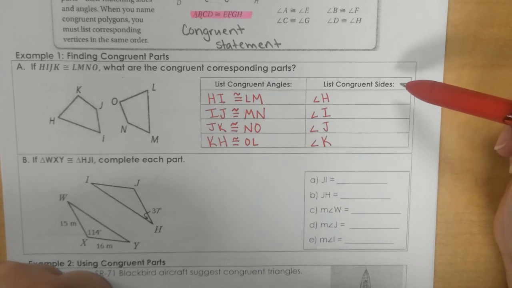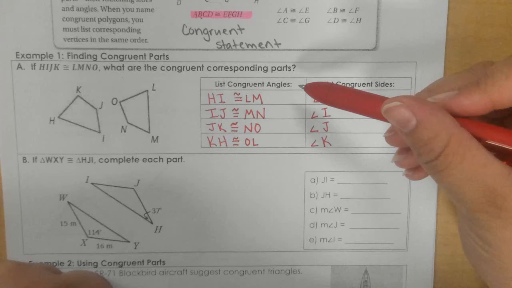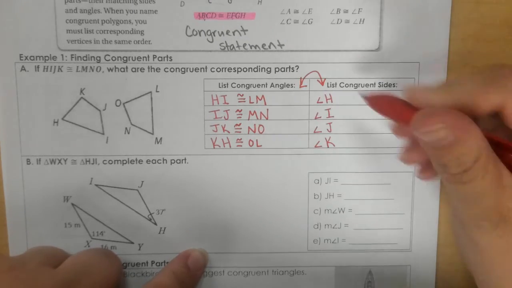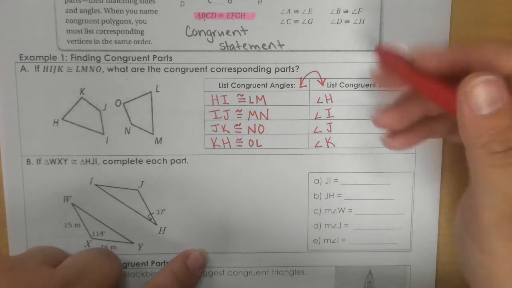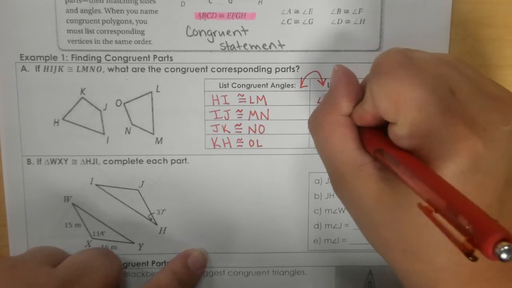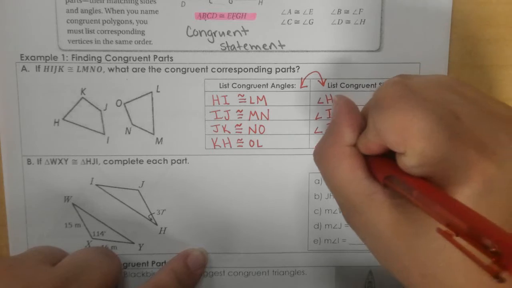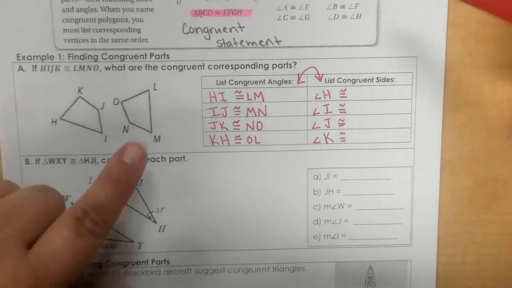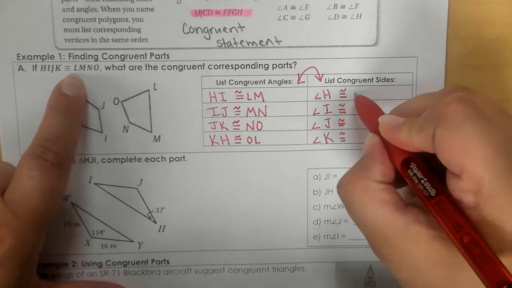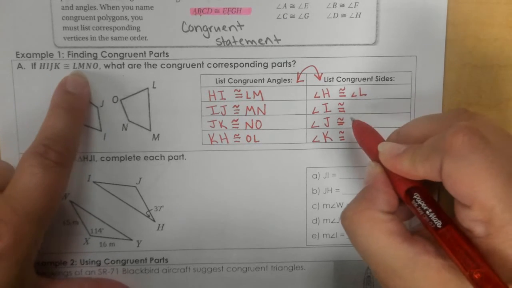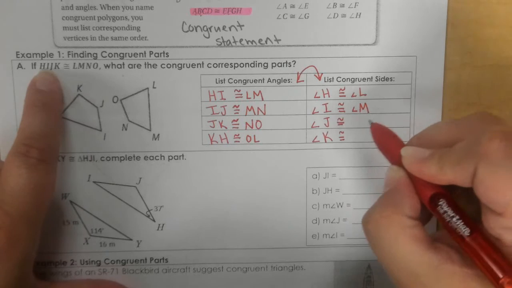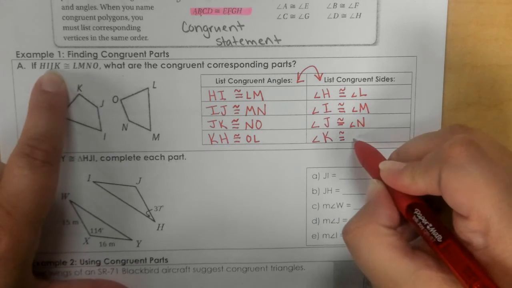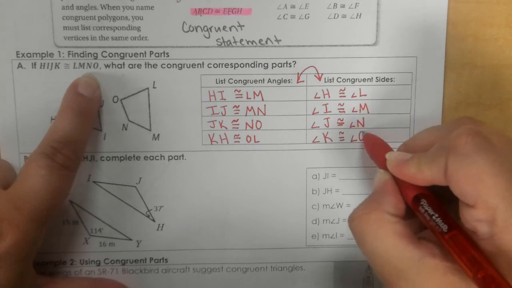And then for listing the congruent sides, oh, I just flipped that around, dang it. Just draw an arrow. So for congruent angles, I'm going to draw in my congruent symbols here. Angle H goes to angle L, angle I to angle M, angle J to angle N, and angle K to angle O.